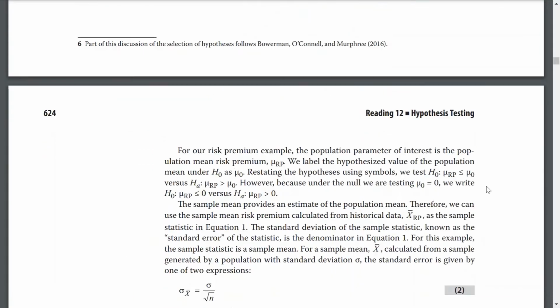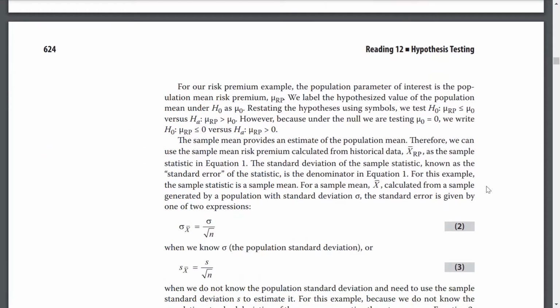For the risk premium example, the population parameter of interest is the population mean risk premium, mu sub RP. We label the hypothesized value of the population mean under the null hypothesis as mu sub 0. Restating the hypotheses using the symbols, we test the null hypothesis versus the alternative.